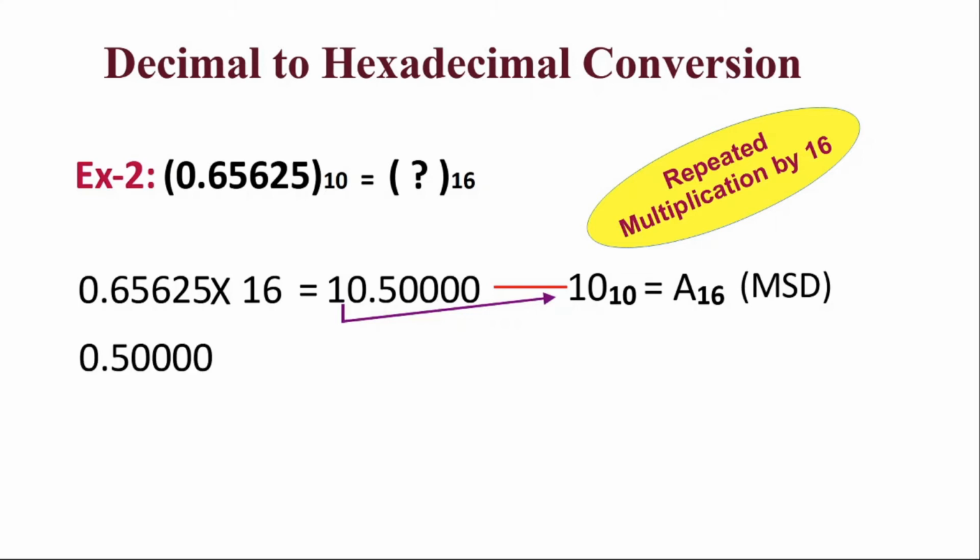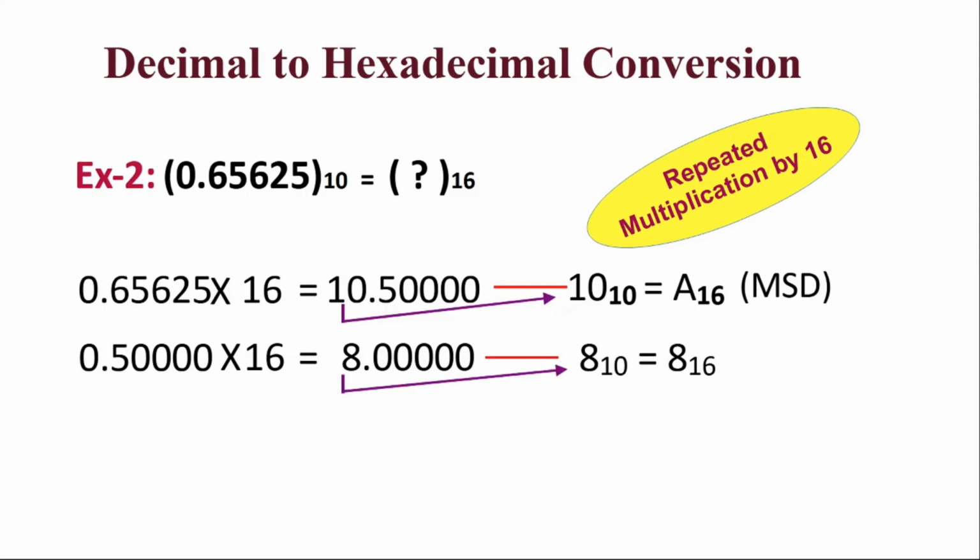Next, the fractional part 0.50000 is to be multiplied by 16 again, and we will get 8.00000. The integer part 8 is to be taken out, and this 8 is equivalent to 8 in hexadecimal number system.